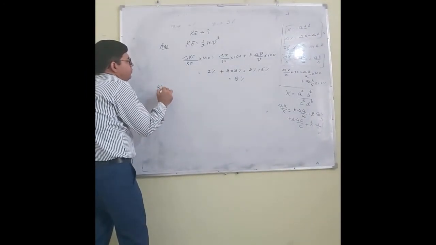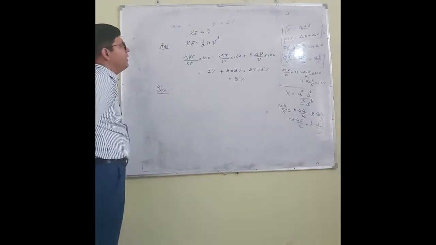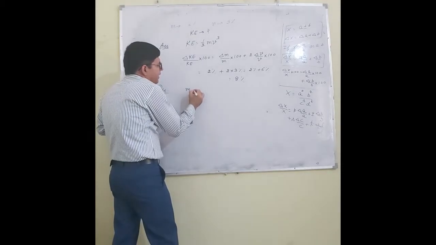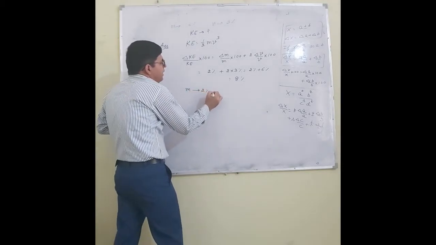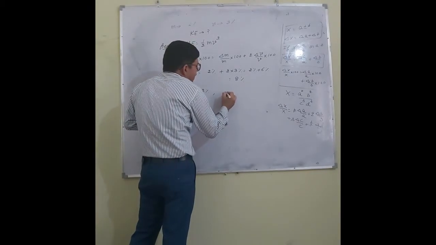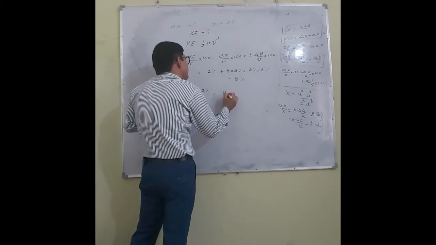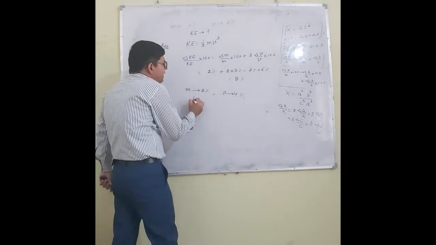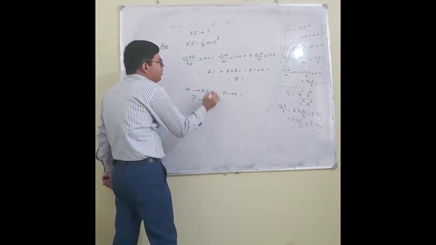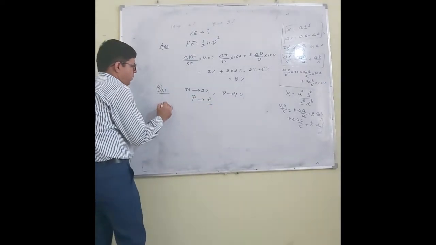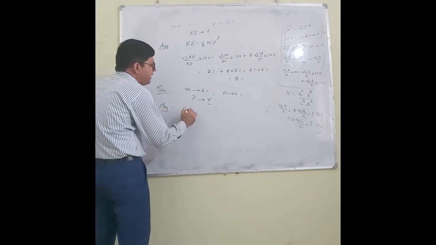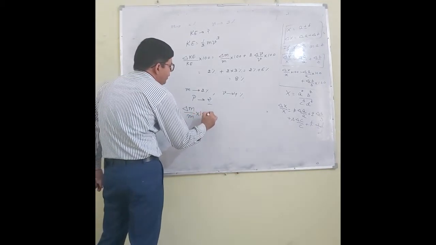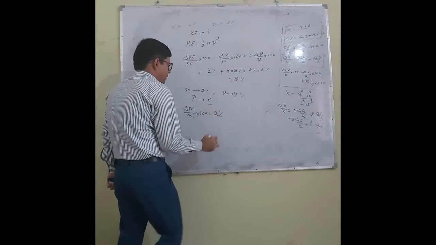Okay, let's do another question based on this. If I say the percentage error in measuring mass is 2% and the percentage error in measuring velocity is 4%. What is the percentage error in measuring momentum? Very simple. What are we given? Percentage error in m, delta m by m multiplied by 100, is 2%.